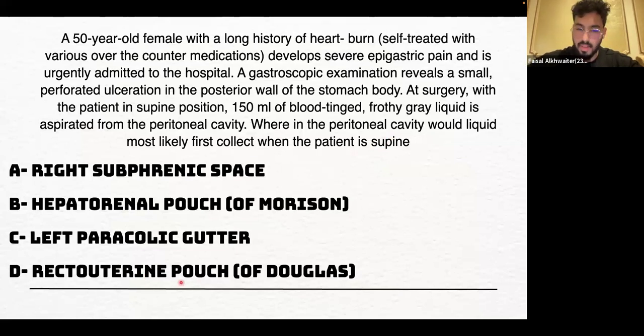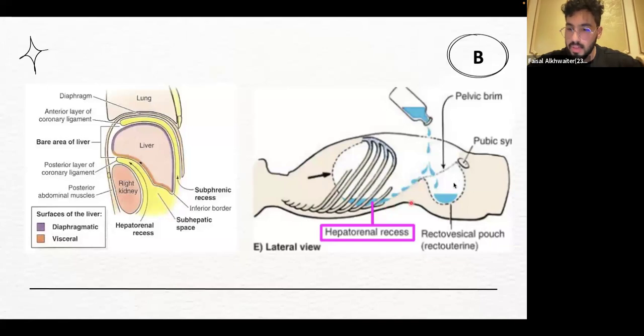So as you can see, this is the rectouterine pouch of Douglas. But when you're supine, the fluid is not going to accumulate here. It's going to go here to the hepatorenal recess, which is called the Morrison's pouch.